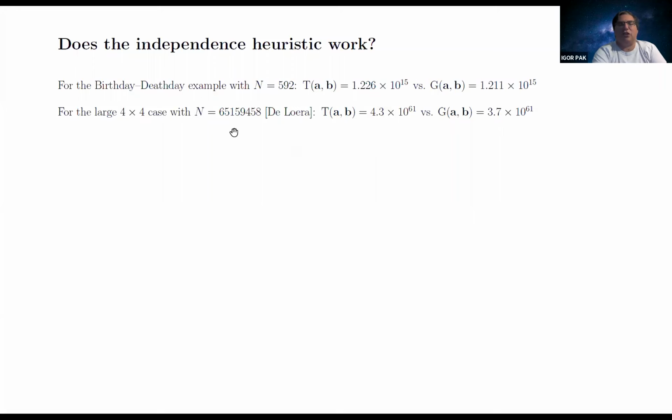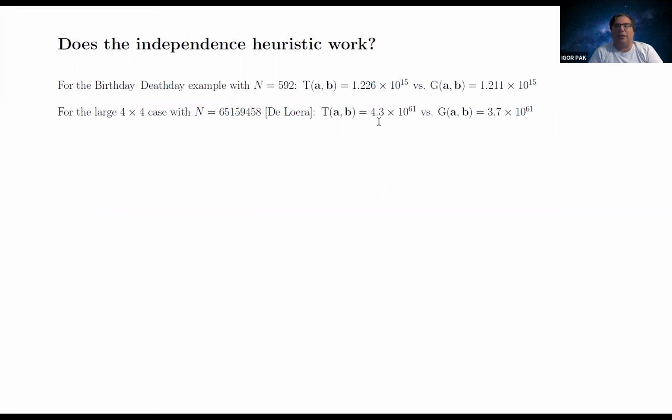So if you take this much larger example with a huge N, the 4x4 case that I showed you in the first slides that Desarmenien computed, then you get 10 to the 61, the same power, but slightly different constants. That's also amazing. This is something that you cannot do using any technology. And it's also amazing because it's misleading, but you would have to try to understand why.